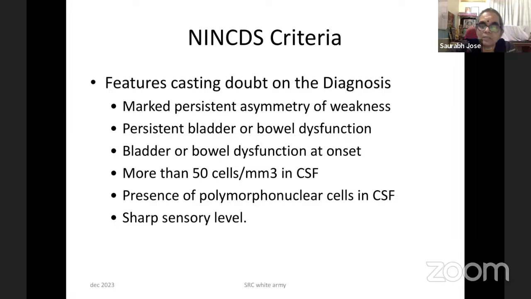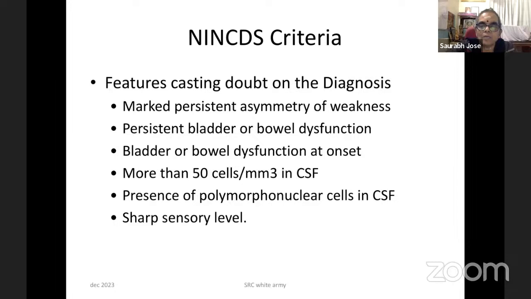So muscle flaccidity should come first, and only then the bowel. If bowel and bladder involvement is the presenting feature, it is definitely not AIDP. And more than 50 cells per cubic millimeter in the CSF, if it is there also, we will not diagnose AIDP. We will have to think of HIV-associated neuropathies, chronic infective neuropathies, those kinds of things, brucellosis or even tuberculosis.